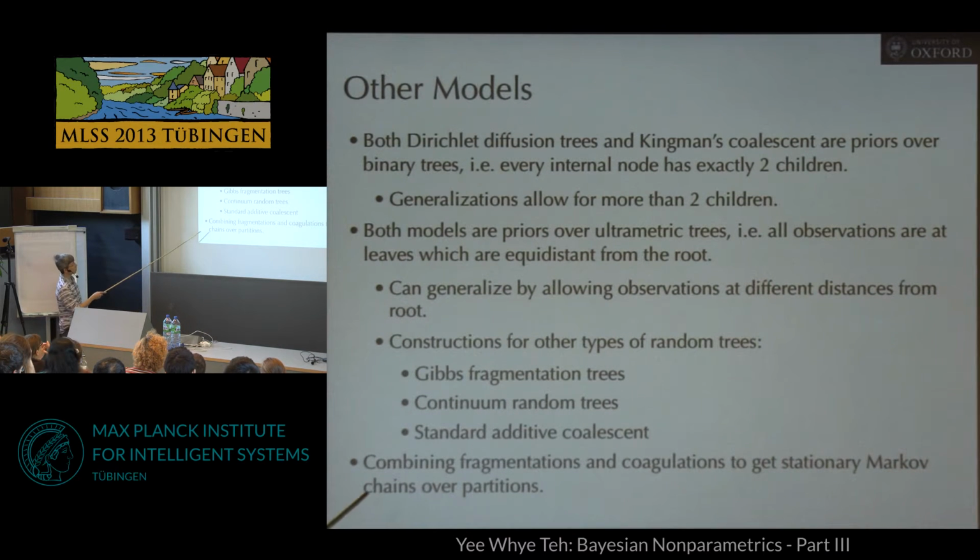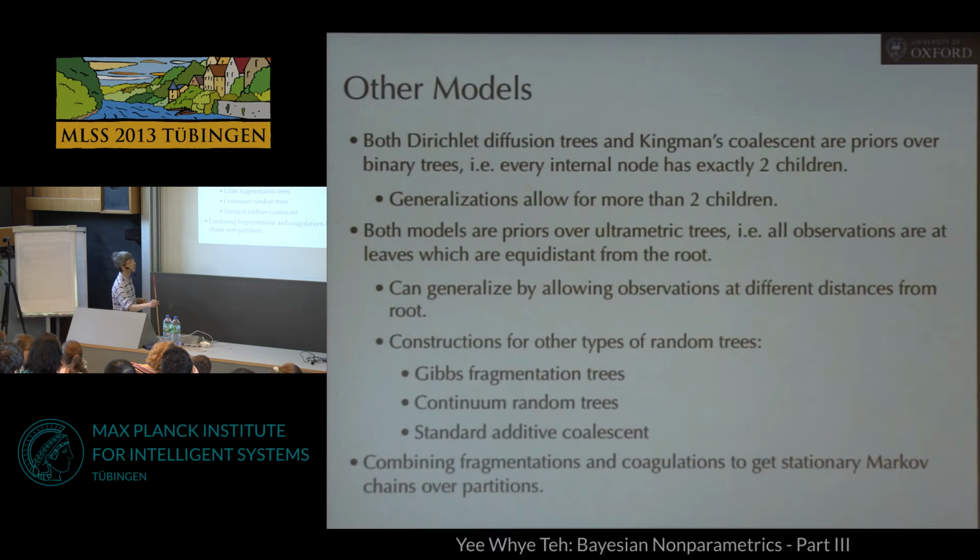You can also combine fragmentations and coagulations together. What I've described is that fragmentation is a Markov process over partitions, and similarly coagulation as well. You can put the two Markov processes together, and you get a Markov process which has a stationary distribution.